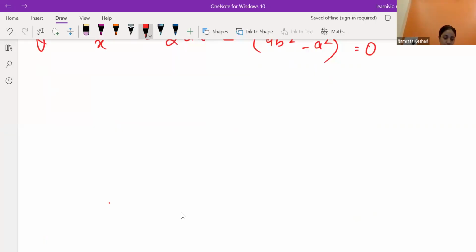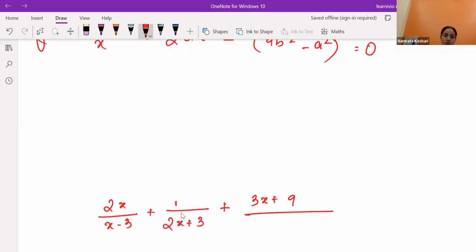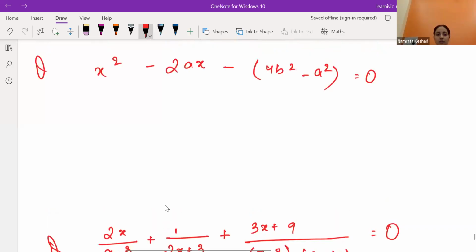And then 2x over x minus 3 plus 1 by 2x plus 3 plus 3x plus 9 over x minus 3 times 2x plus 3 is equal to 0. We'll be doing it over here. Each and every question we have to solve for x. Let's do it.